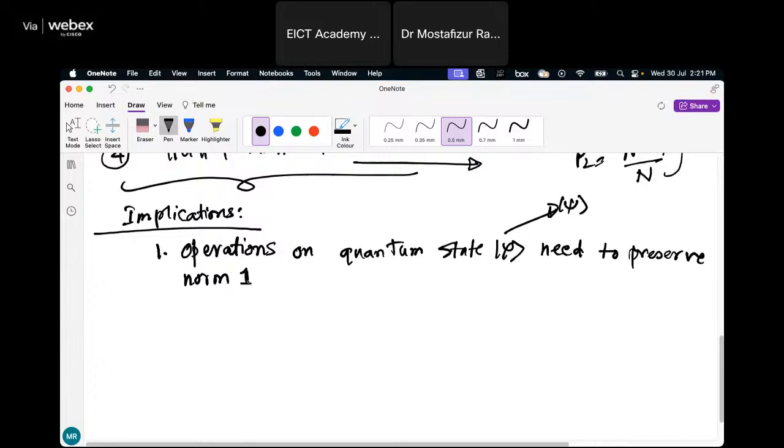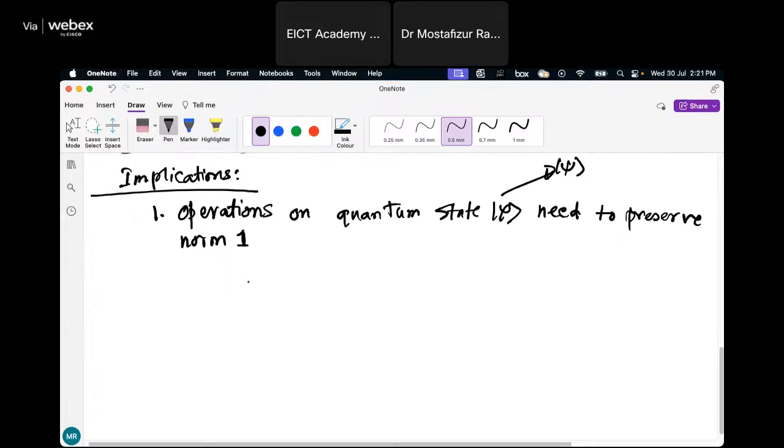That means the probability should equal 1. And in mathematics, we know that the matrices which are norm-preserving are called the unitary matrices.